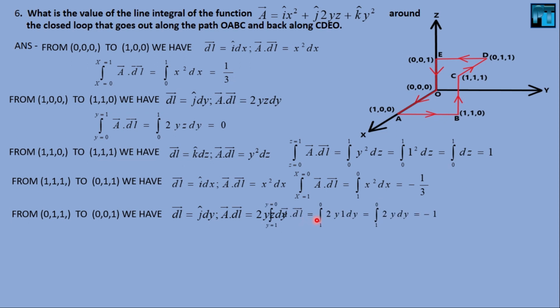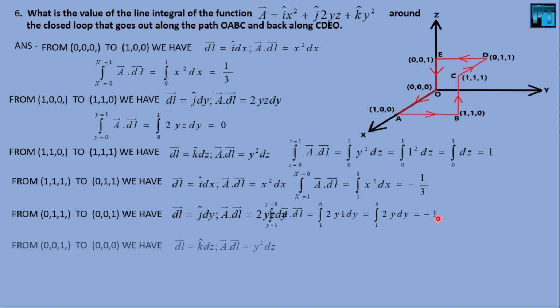I am very sorry about this printing mistake. The integration is actually from 1 to 0 of 2y dy. You can do the mathematics here by putting z equals 1 in 2y dy. This is y square by 2 times 2, and the 2 cancels out. This is simply y square, and this is minus 1.